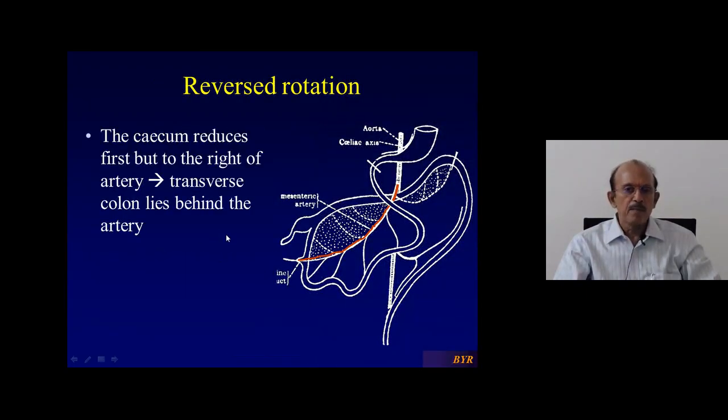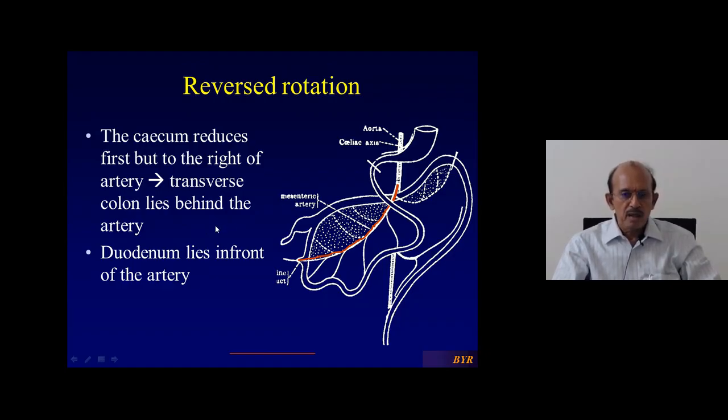Reverse rotation. We have seen the prearterial segment normally reduces first, but sometimes the postarterial segment reduces first. Then the transverse colon lies behind the artery. This has no significance. This won't cause any problem to the patient. This is only for our observation.